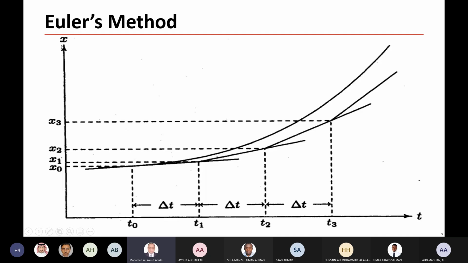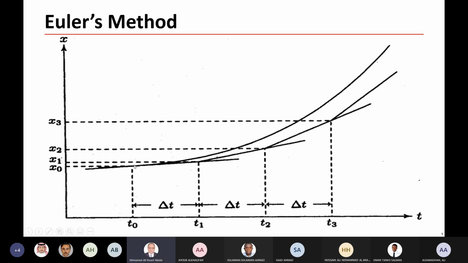This is the solution, x as a function of t. And if you start here with t equal to t0, the initial condition, you calculate the derivative at this point. You get the tangent of the curve at this point. You approximate this curve by a linear one around this point.